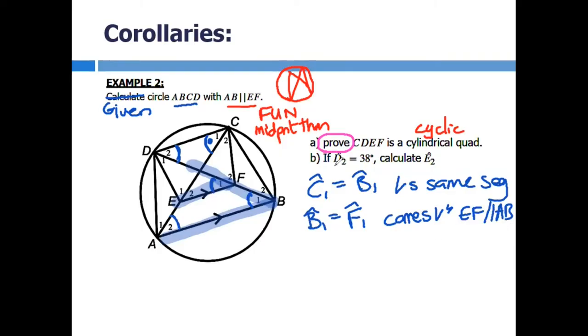Yes, A2 is equal to E2, but remember where we started? Because we started with C1, we're trying to get things that are equal to C1 eventually. So I went from C1 to B1, from B1 to F1. And if I look at all of those, what conclusion can I make about that?